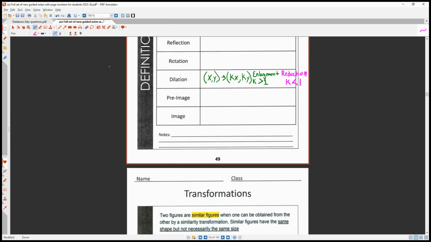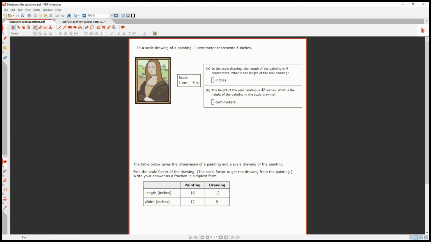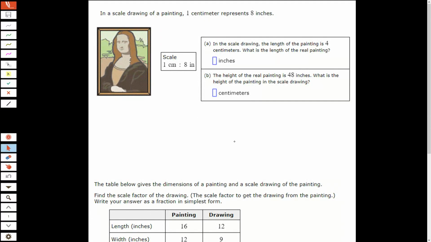All right, write that down. Now, I do have a couple of the Alex questions that I was concerned you were going to struggle with, so I wanted to show you how to do them really quick. I think you'll be fine, but I just want to show you a couple methods.